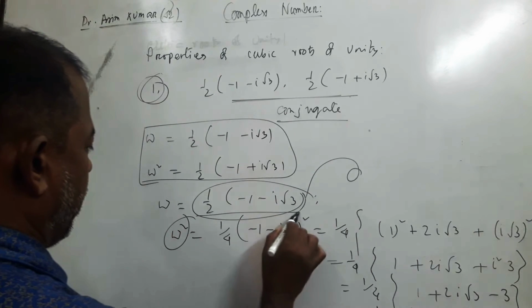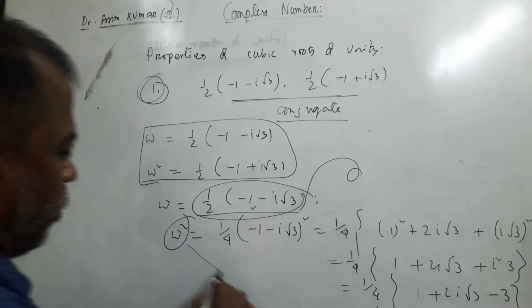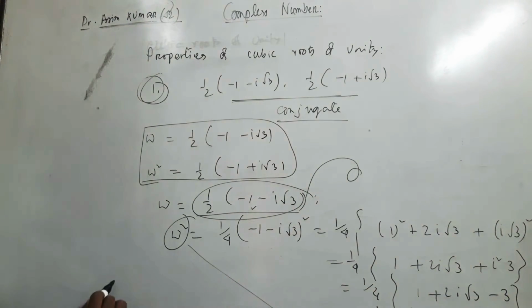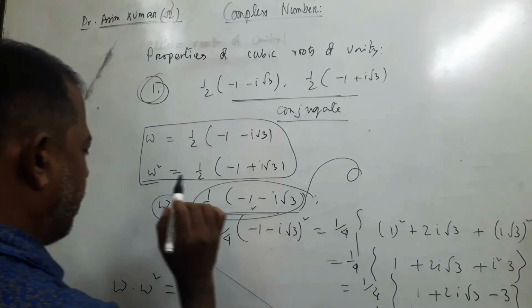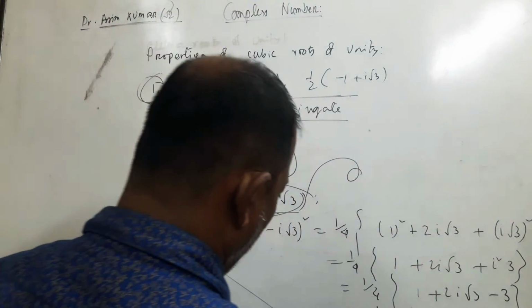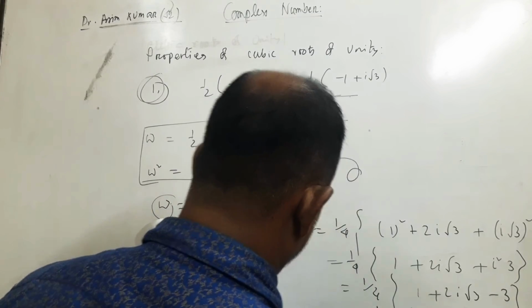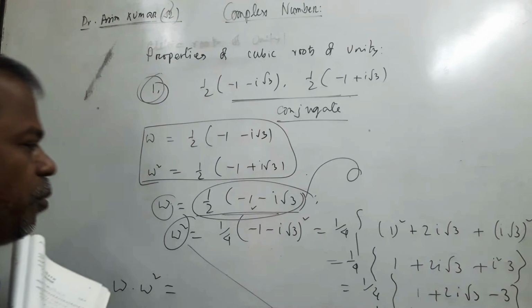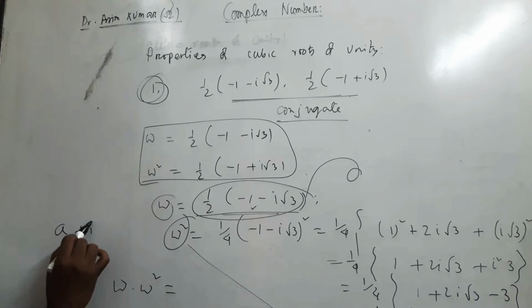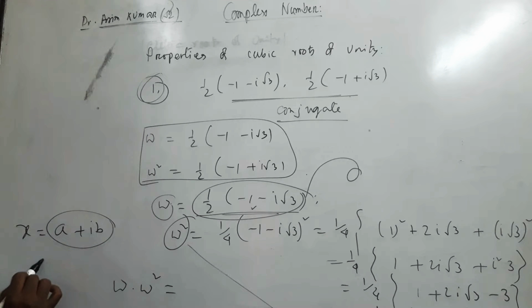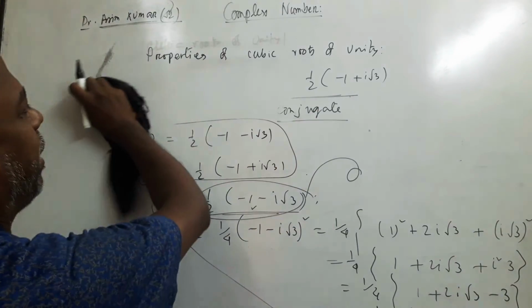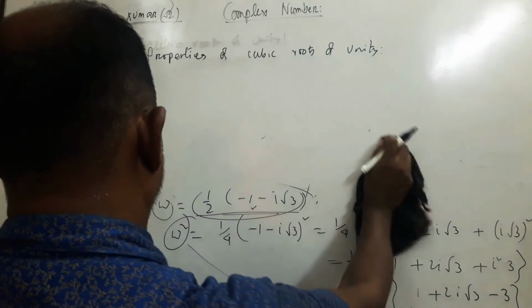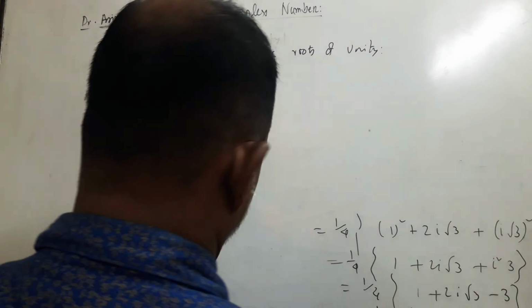Omega is this root and omega square is the opposite root. Opposite means a plus ib is a root and its opposite root is a minus ib. So omega is this root and omega square is the opposite root.